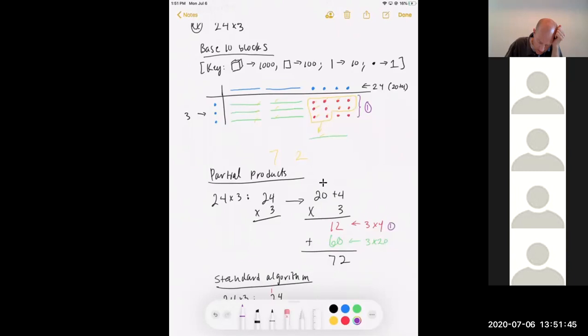This is step number 1 down here. They're the same. They find out what 3 times 4 is. And step number 2, we wanted to find out what 3 times 20 is. So that's number 2 down here, and that would correspond to number 2 up here. 3 times 20 is this right here.